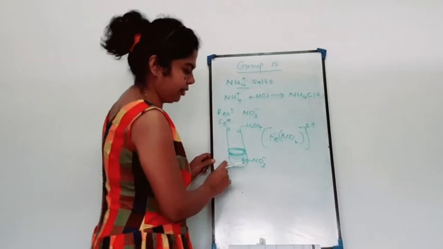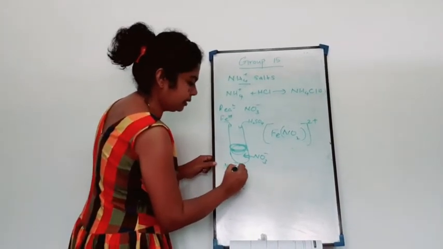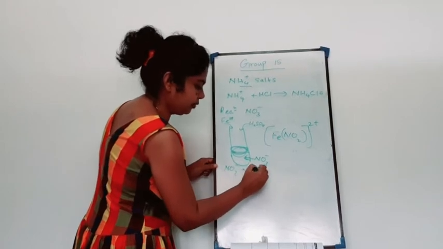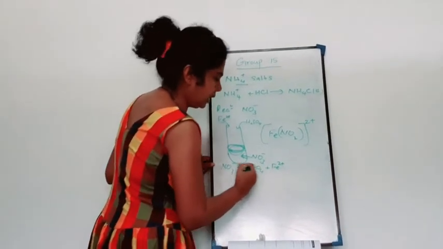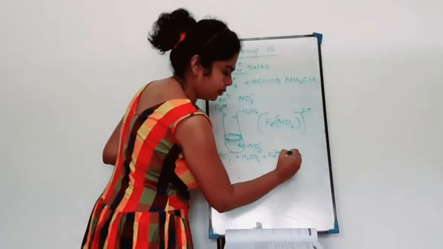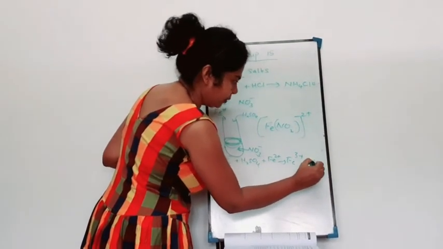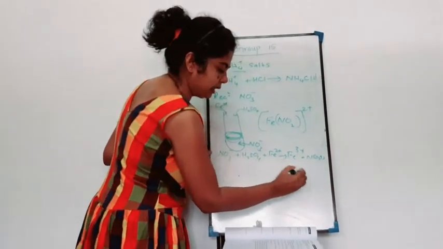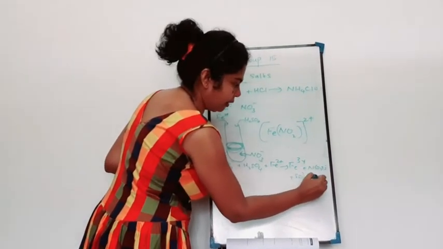These are the reactions. NO3 minus plus H2SO4 plus Fe2+ are the reactants in the medium, and it produces Fe3+ and NO gas, nitric oxide gas, sulfate and water.